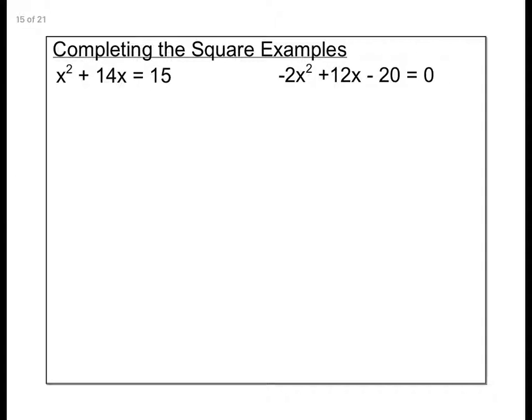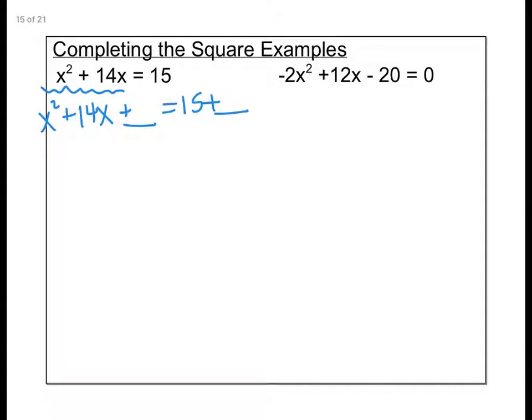Okay, so now we need to figure out how to force this left side here into a perfect square trinomial. So what we need to do is we need to add some number to both sides to make that happen. So I'll have x squared plus 14x plus some number is equal to 15 plus that same number. Because whatever I add to one side, I have to add to the other to keep it balanced.